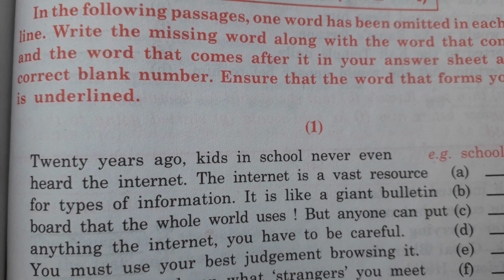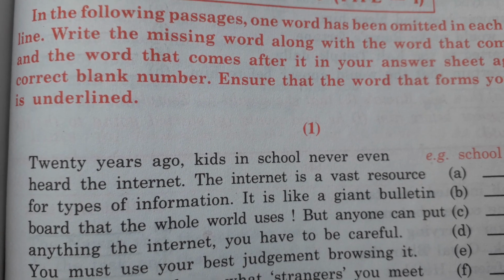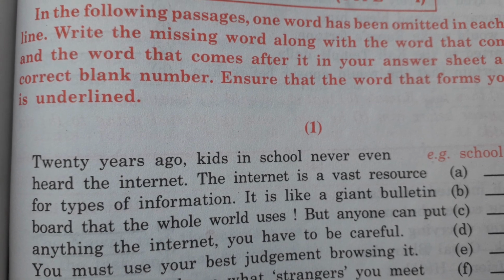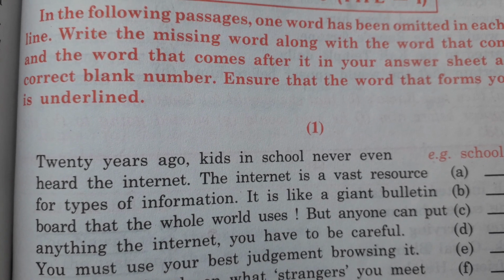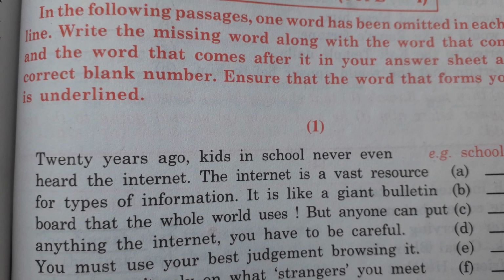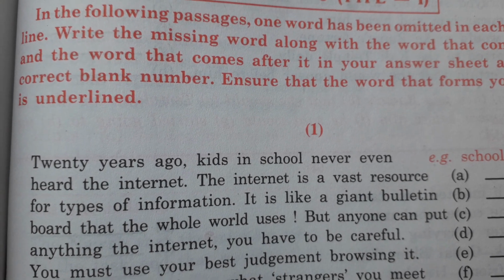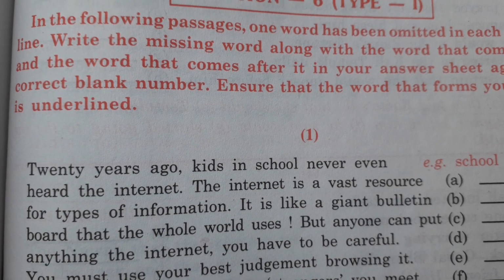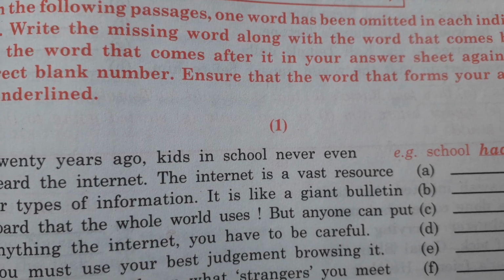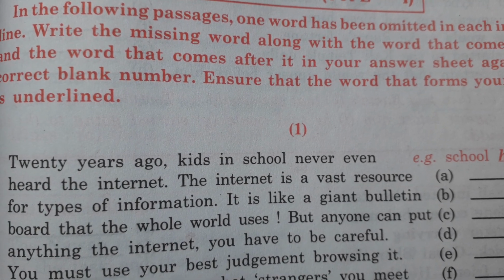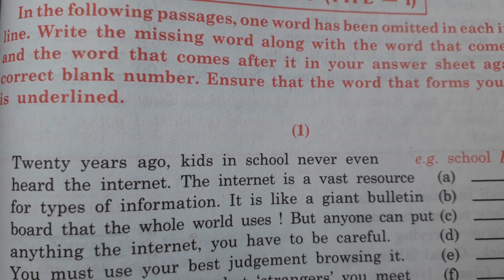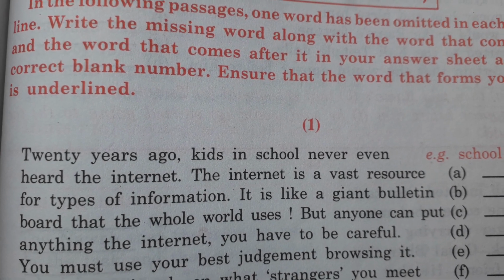The internet is a vast resource. Now look, how will you find out the error? The internet is a vast resource. There is no mistake. So, heard the internet. What will it be?